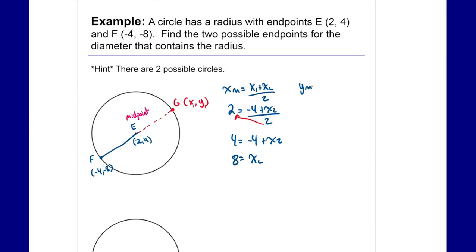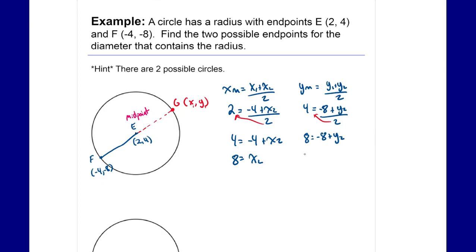For the y value, again, I'm using the midpoint formula: y1 plus y2 divided by 2. The midpoint we know is 4, and y1 is -8. So -8 plus y2 divided by 2 is our one side. Move the 2 up, so we get 8 is equal to -8 plus y2.